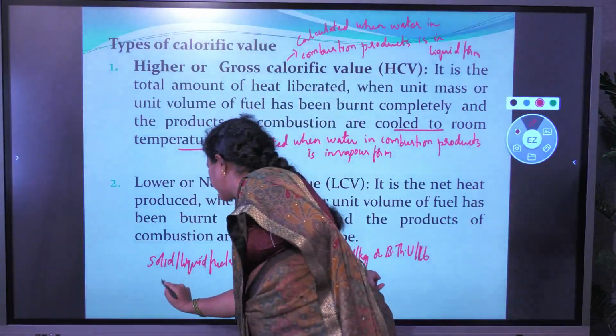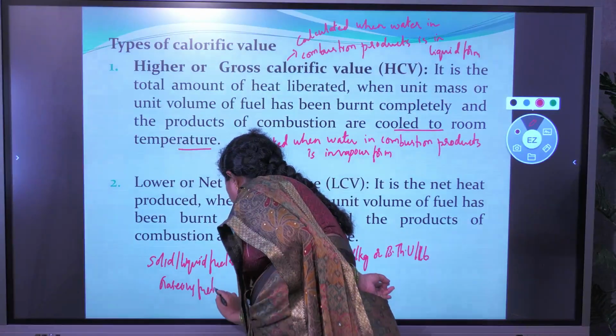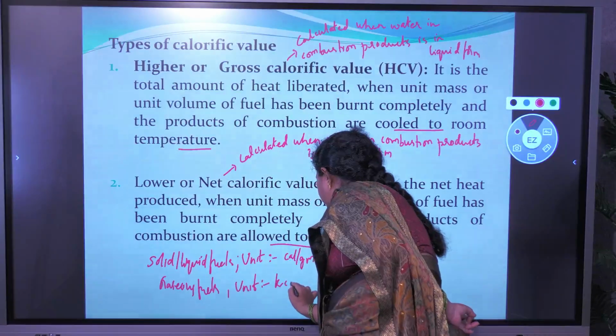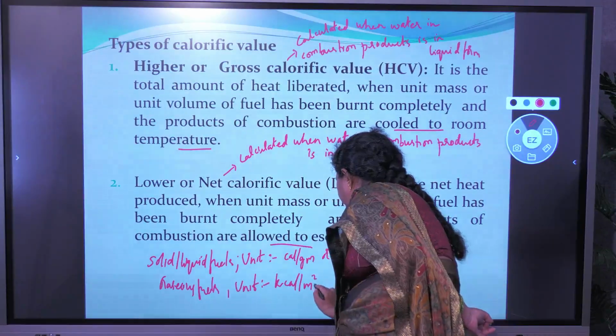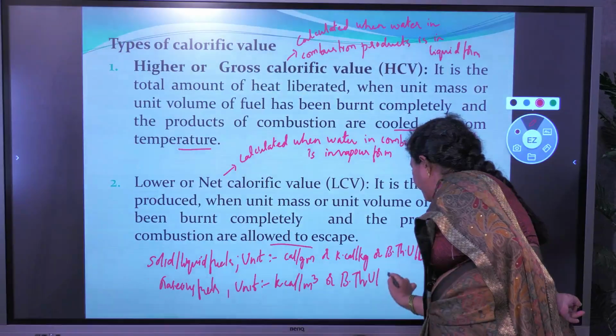For gaseous fuels, they are expressed in terms of kilocalorie per meter cube or British thermal unit per feet cube.